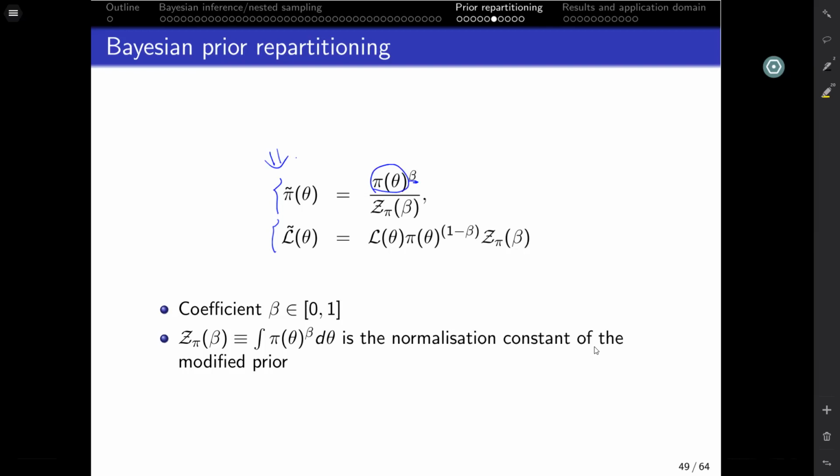This power coefficient beta is between 0 and 1. And that means if we want to keep the detailed balance equation, our tilde L can be determined. Okay, so then the problem becomes how we determine this beta.